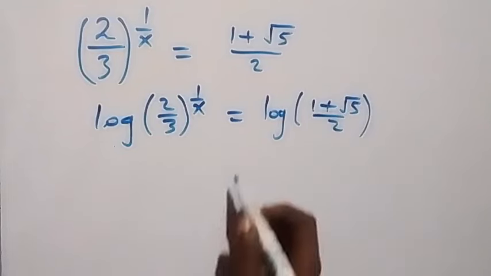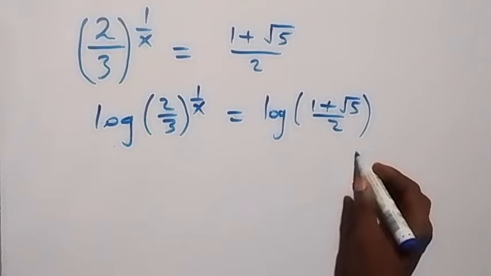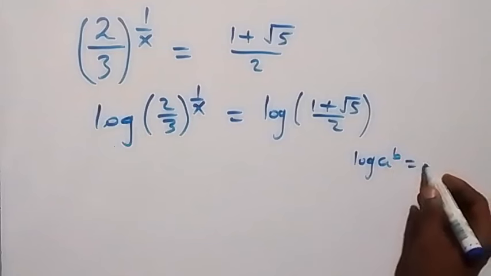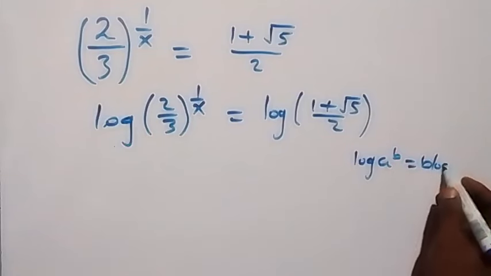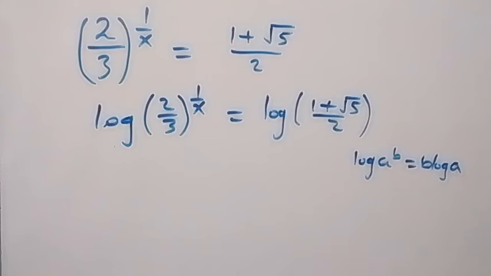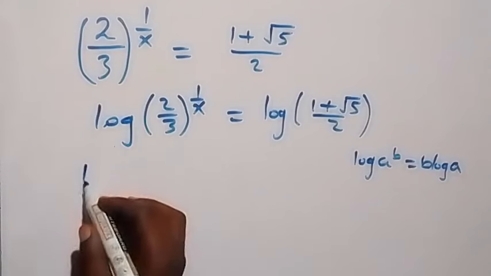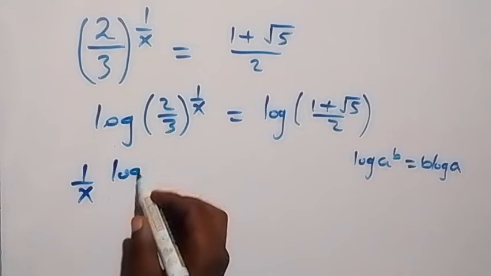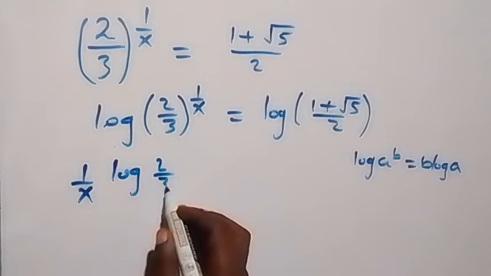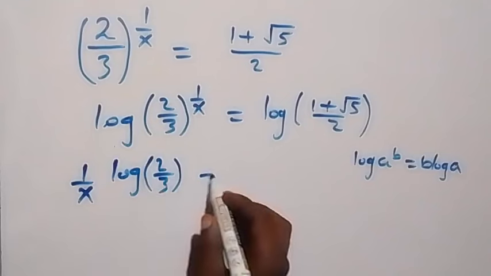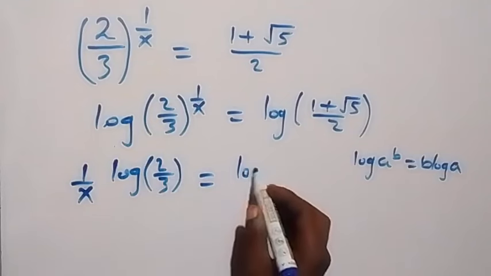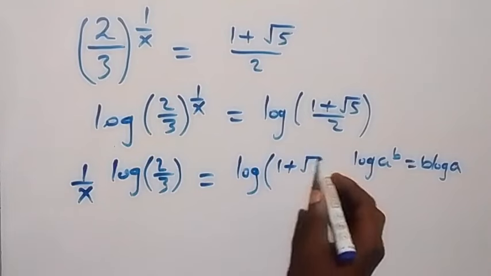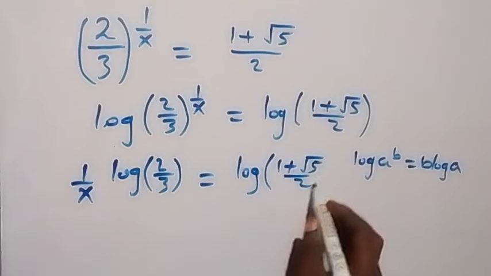Then here we can apply the power law of logarithm: when we have log a raised to power b, this equals b log a. Then here this will be 1 over x times log 2 over 3, then equals log of 1 plus root 5 over 2.